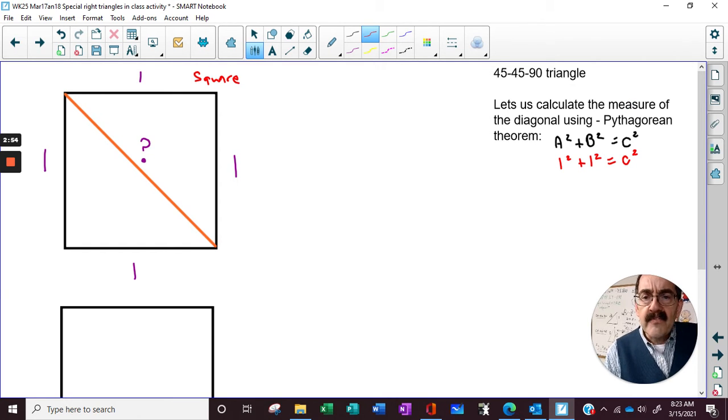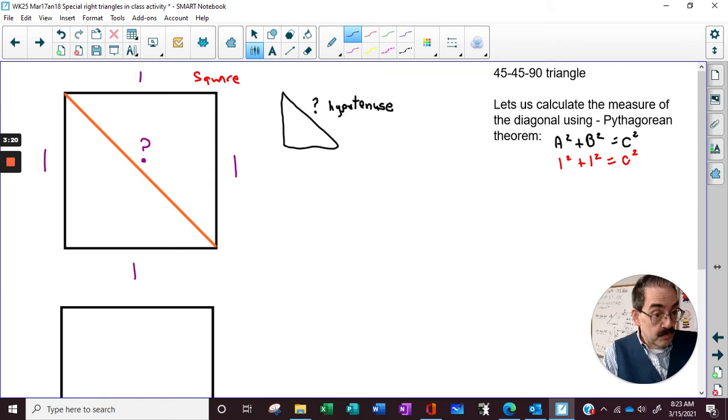Okay, now the first thing I want to do is I want to draw this 45, 45, 90, okay? And this question mark here, this is actually called the hypotenuse. Okay, if you look on the back wall, Mr. Miller created a giant green special right triangle.